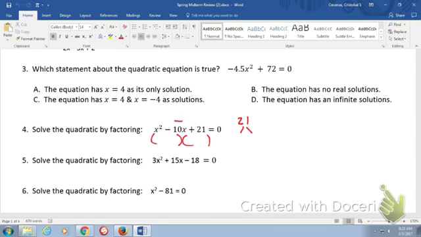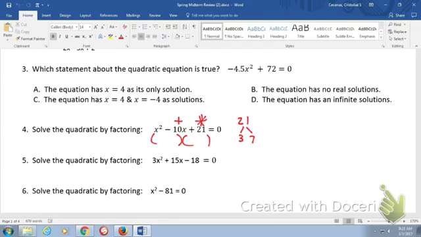So we need to add to this, multiply to this. So let's just test some numbers out. Factors of 21 are 3 times 7.